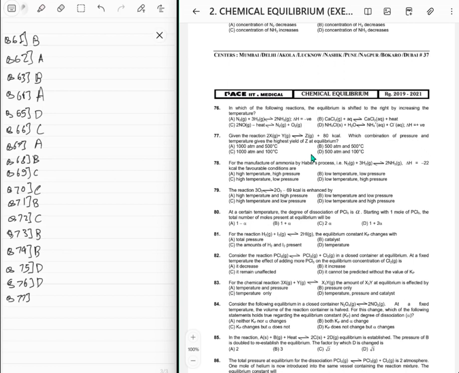Also it's exothermic, so decrease temperature. So you want the least temperature and the highest pressure. These two are not good. Wait, you just want the least temperature. So C, 1000 atmosphere and 100 degrees Celsius. Yeah, that should work. So question number 77C.